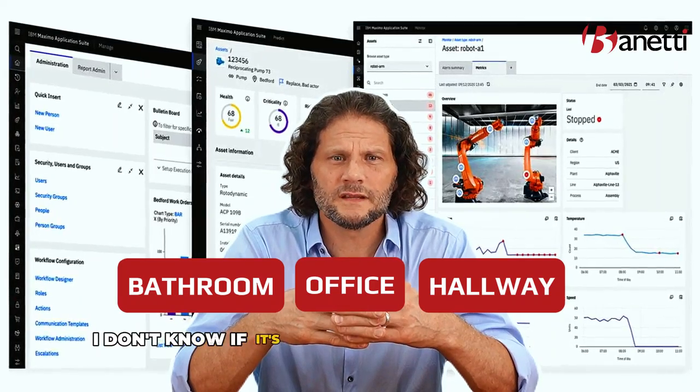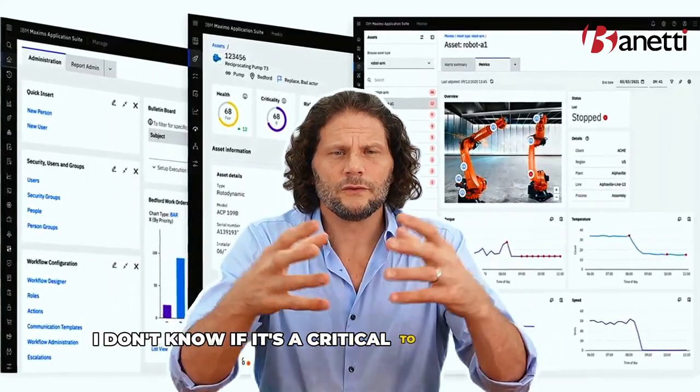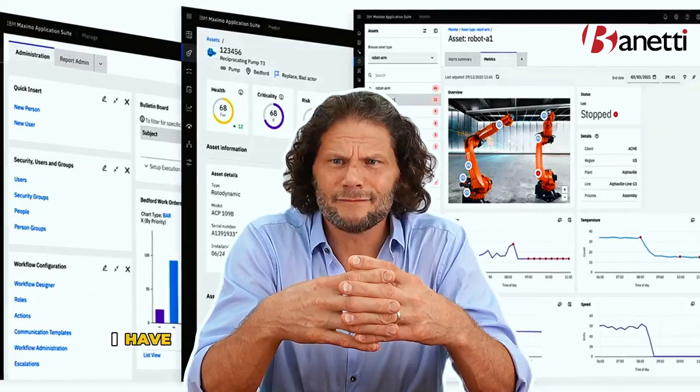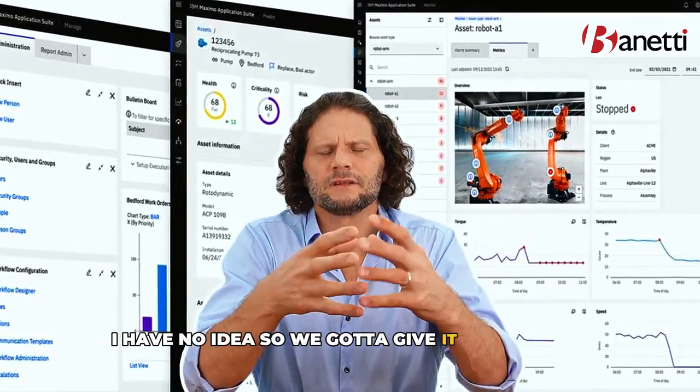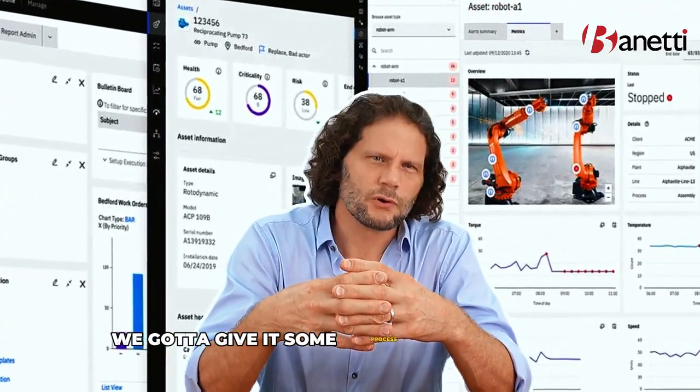I don't know if it's critical to curing a product. I have no idea. So we've got to give it the context. We've got to give it some process understanding. And once we do that, the system can absolutely start to generate some valuable FMEA data.